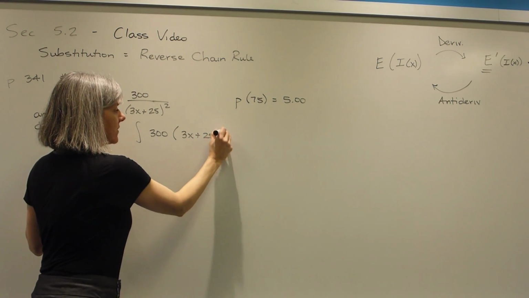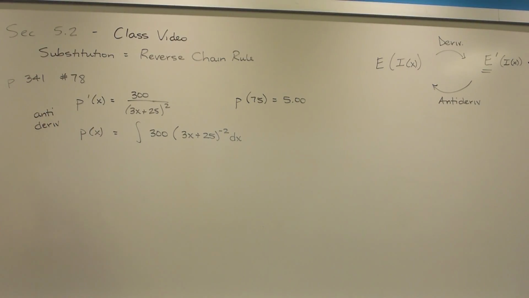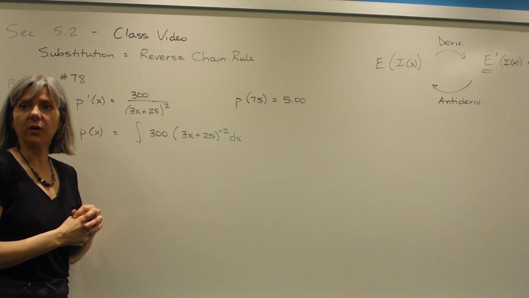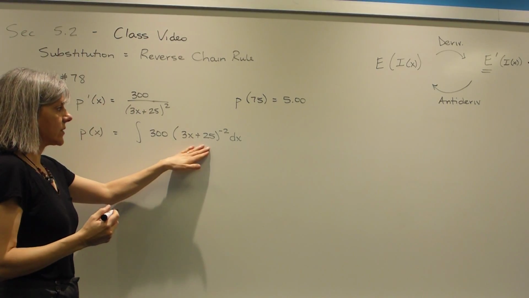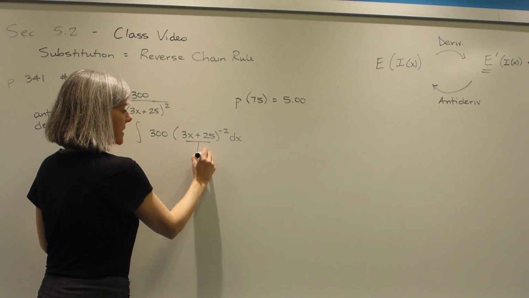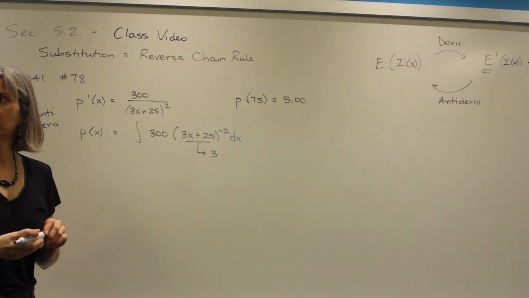You're saying you need to find the antiderivative of that. So I've done two things at once: I've put what I'm doing, and I've rewritten it into power form. So is this a basic? No. What is the derivative of the inside? 3. Do I have that?